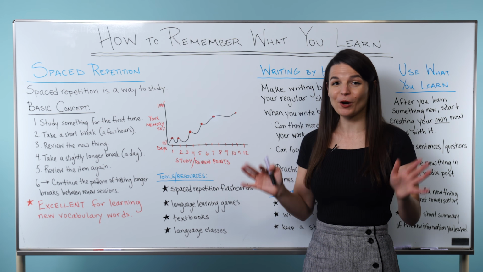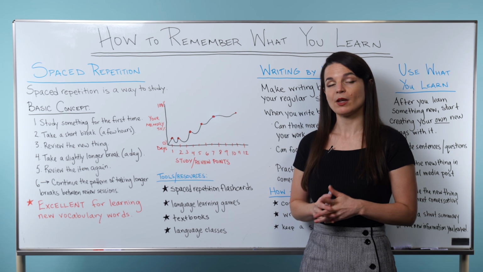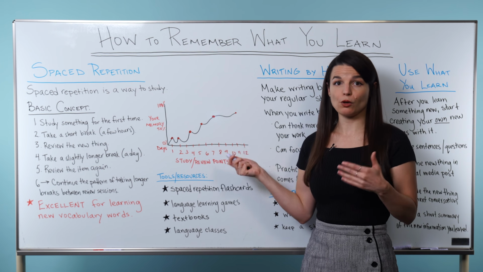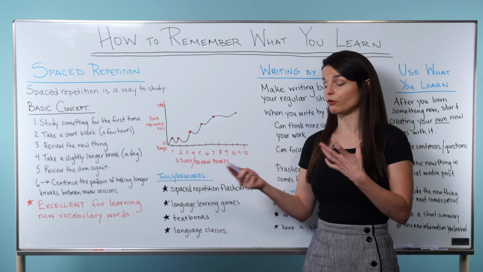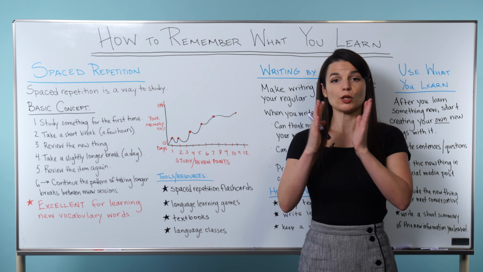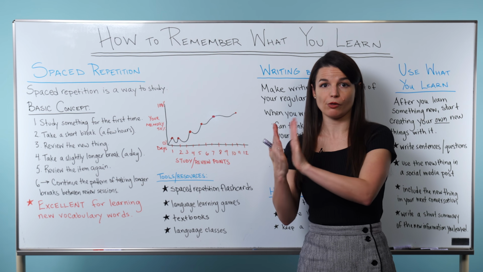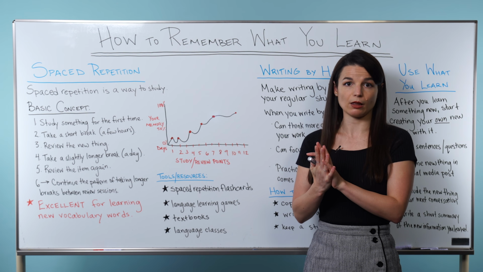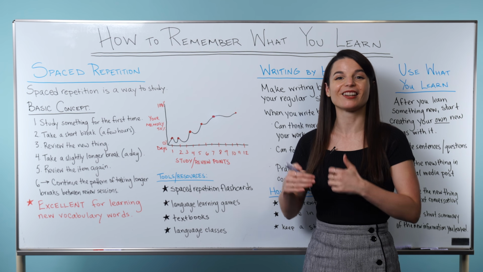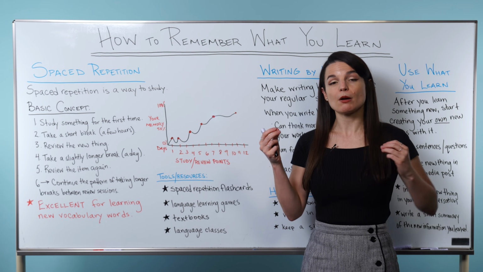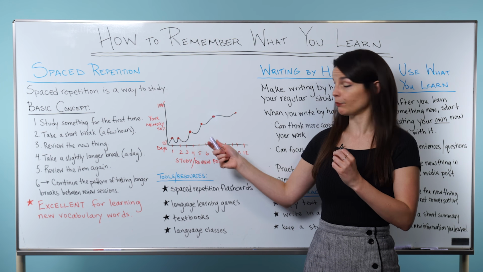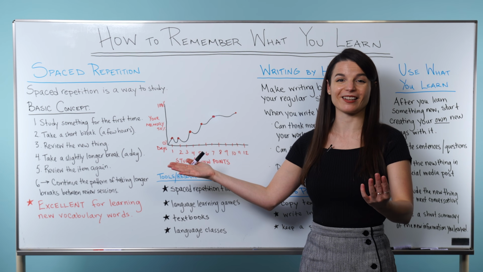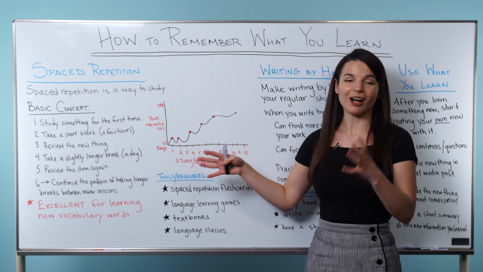The last tool or resource, of course, is language classes. This is, of course, a wonderful resource when you're learning, but keep in mind that these classes also are a great way to review the things that you have studied. So when you go to your lesson and you learn new things, make sure you're still applying the old things that you learned in those lessons. Of course it's important to continue learning with your classmates, but remember to review those things that you learned in previous lessons, because your teacher is going to use those things in the following lessons.